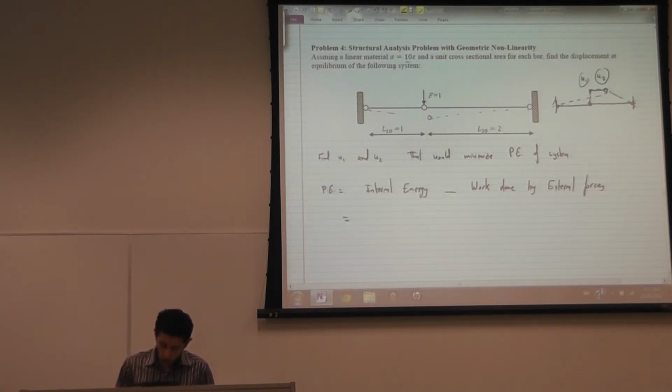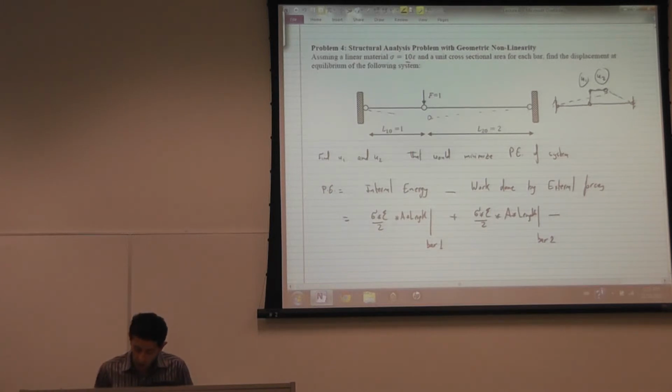the stress multiplied by the strain divided by 2 multiplied by the area multiplied by the length of bar 1, plus the stress multiplied by the strain divided by 2 multiplied by the area multiplied by the length of bar 2, minus the work done by the external forces, which is equal to F multiplied by U1.